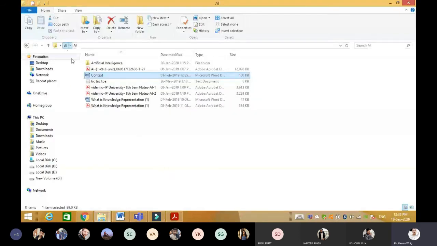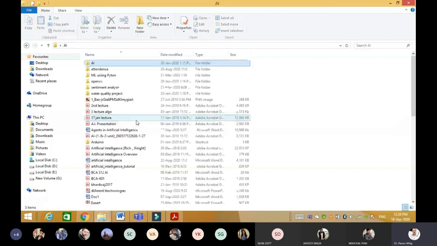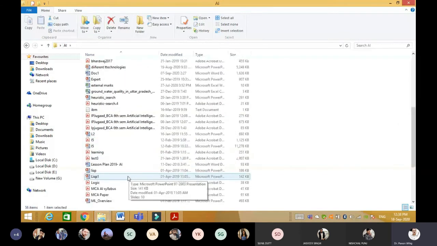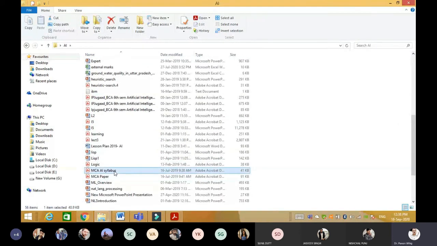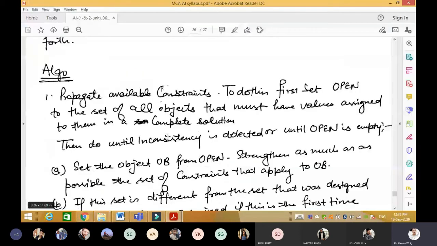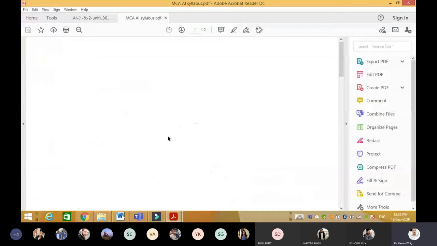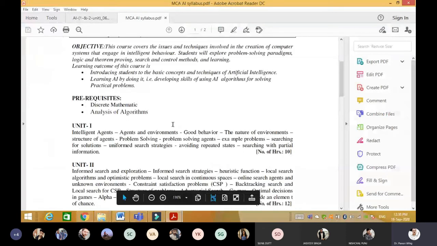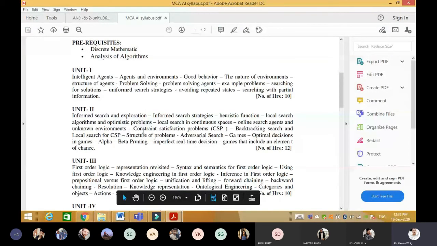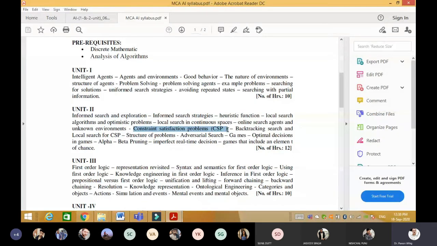Okay, one thing I would like to share with you all is your syllabus. See, in your syllabus, in the first unit, CSP is explicitly mentioned. That's why we did this CSP, constraint satisfaction problem.